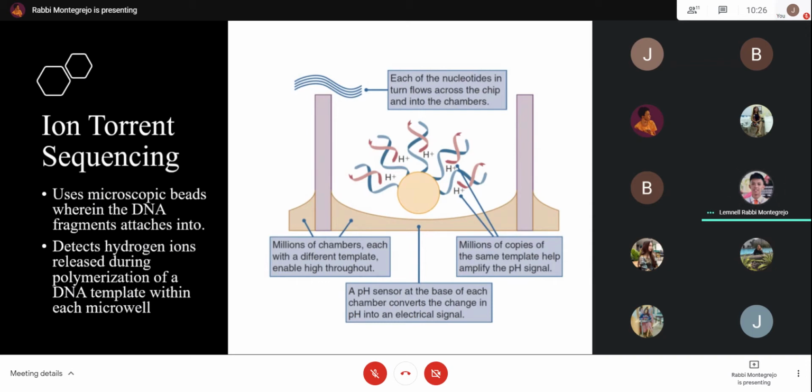Ang iyang gamiton is microscopic beads, wherein DNA fragments attaches into kani siyang nakita dire. Then, a difference with the sequencing by synthesis is that it does not use light and instead it uses the release of hydrogen ions, the detection of released hydrogen ions to signify a base call.